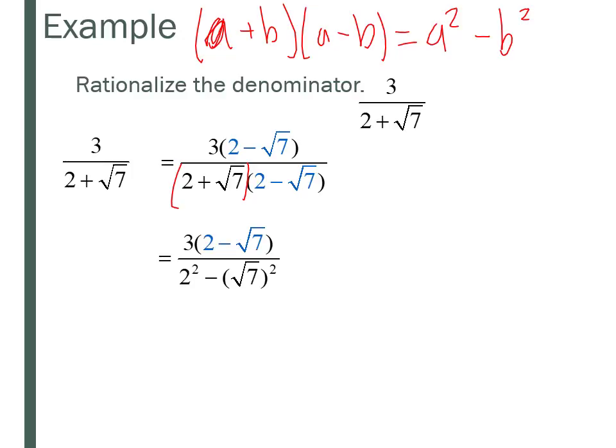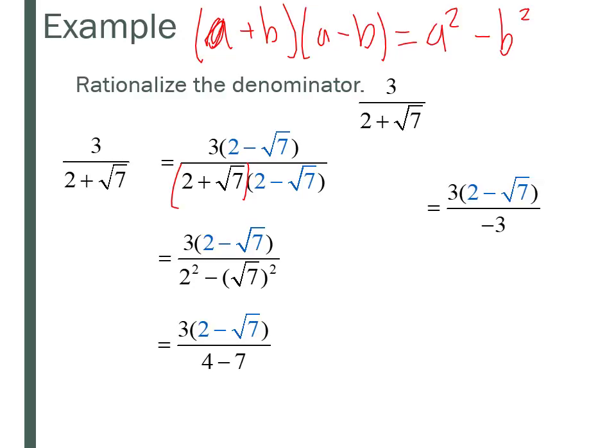And so what ends up happening is I'm going to simplify it, and I have 2 squared minus the square root of 7 squared, because a is 2 and b is square root of 7. So I clean that up, and 2 squared becomes 4, and the square root of 7 squared becomes 7, because a square root times the square root of the same radicand sets the radicand free. And so 4 minus 7 is negative 3.